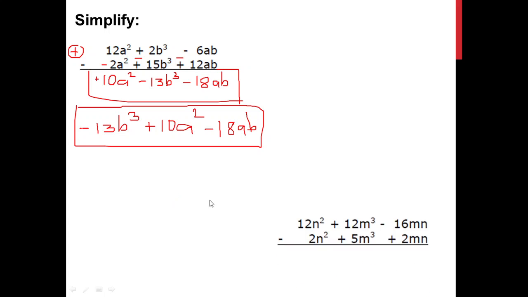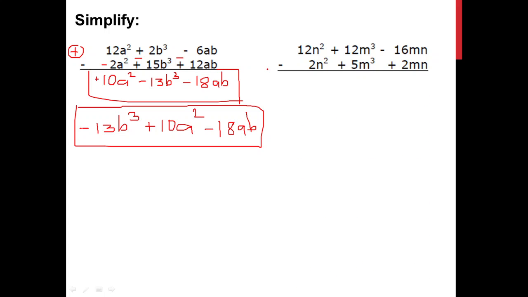Okay, another example here. Again, this is subtraction. The first operation is subtraction, so we need to change all the signs on the subtrahend. So this one is positive, this becomes negative. This one is positive, this becomes negative. Positive becomes negative.